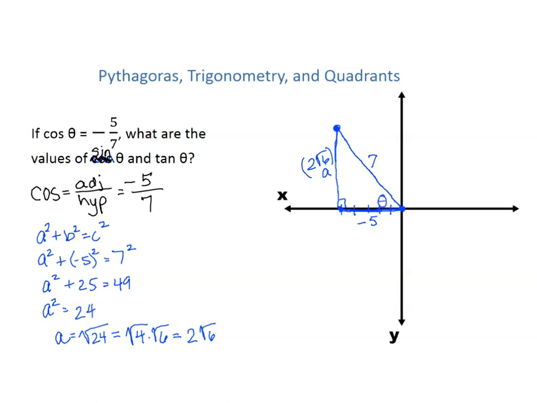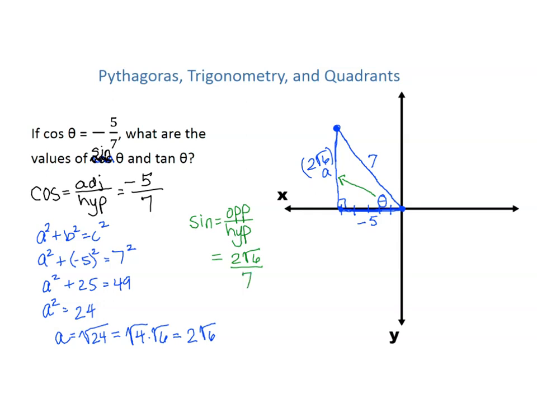So this is our theta. It's always going to be the angle in the triangle that is nearest the origin. If we wanted the sine, it's going to be opposite over hypotenuse. So our opposite side is the one that we just found, which is 2 root 6, over the hypotenuse, which is 7.